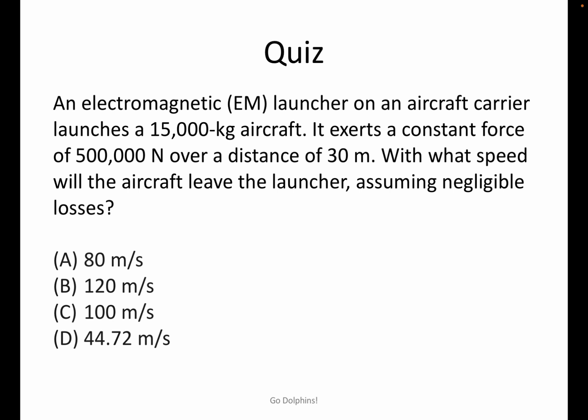The last question for today's lecture. We have an aircraft carrier exerting a constant force of 500,000 newtons over a distance of 30 meters on an aircraft with mass 15,000 kilograms. What is the launch speed? So we can calculate the work done, and calculate the final speed using this.